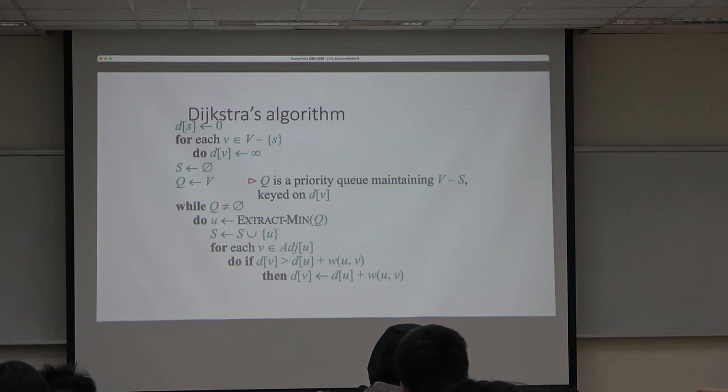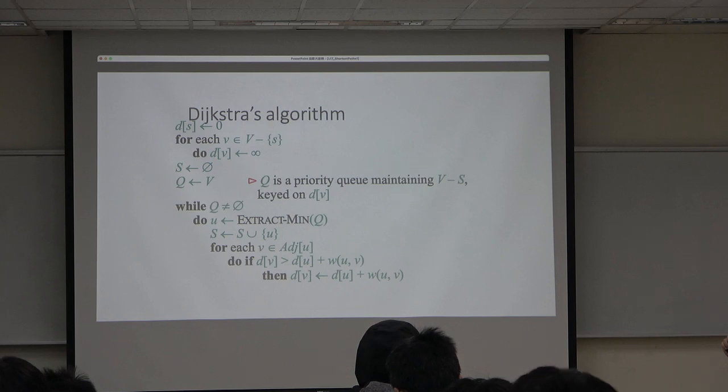You first get the min node, the node with the minimal key from the priority queue, and call that node U. Initially, the first node you get is S, because S has key 0 and all the other nodes have key infinite. Once you get that node, you include it in S. The set S contains the nodes whose shortest path you already know.